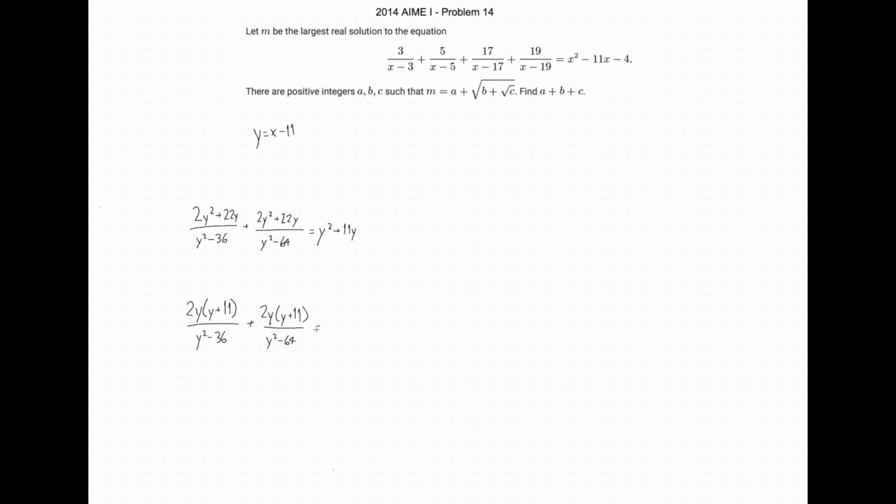And the right-hand side can be factored as y times y plus 11. And then we notice that we can divide through by y times y plus 11. But we have to remember that y equals 0 and y equals negative 11 can be roots.